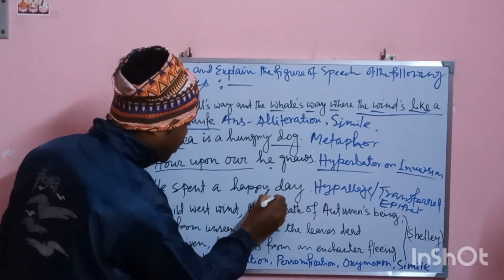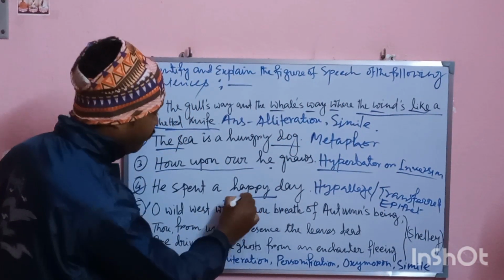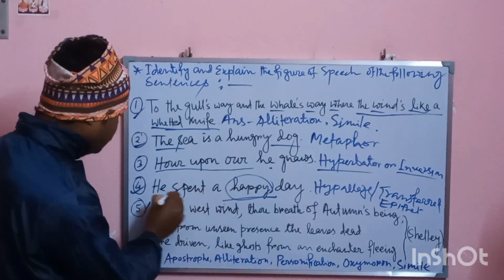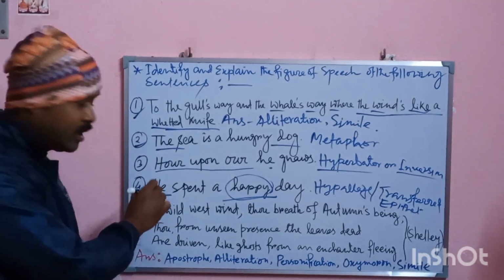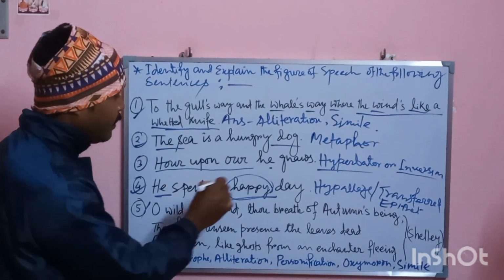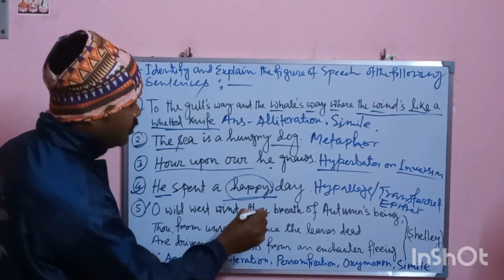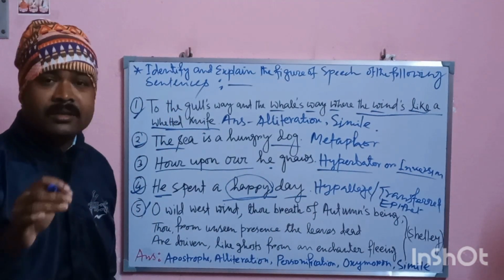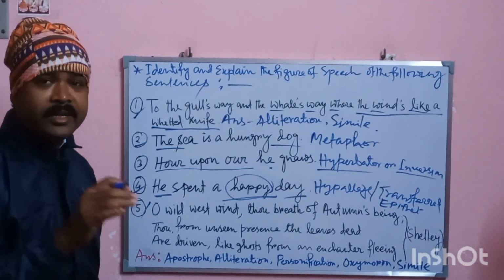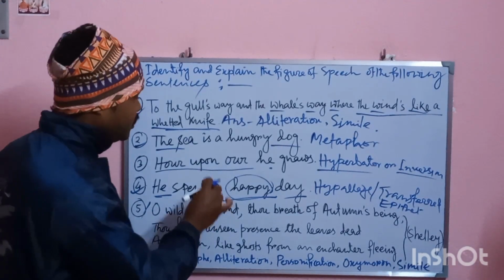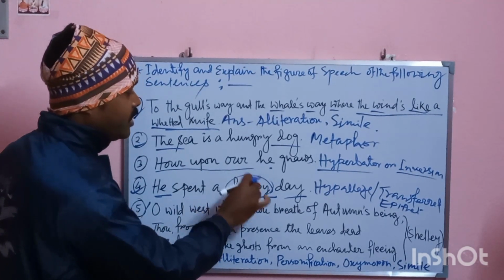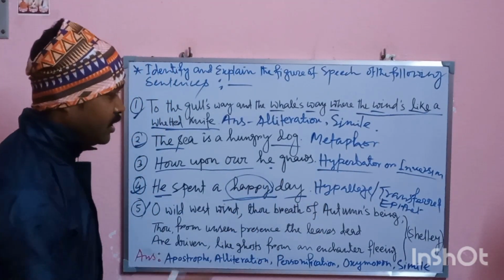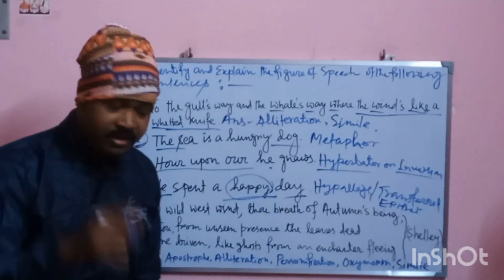Here the adjective or epithet happy really belongs to the pronoun he, but it is shifted to another word to which it does not belong. It really does not belong. So this figure is called hypallage or transferred epithet, hypallage in Bengali.